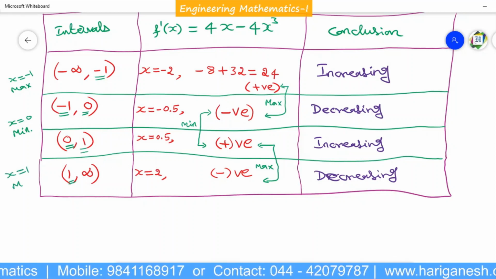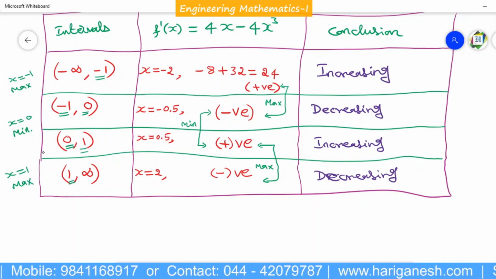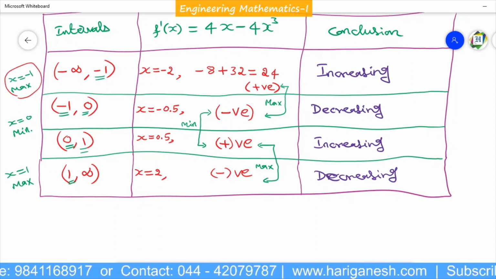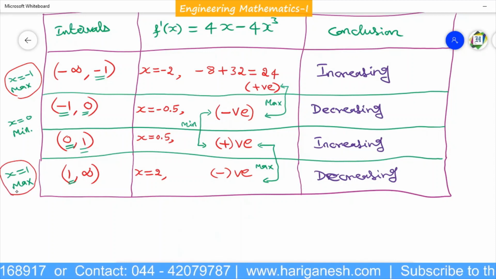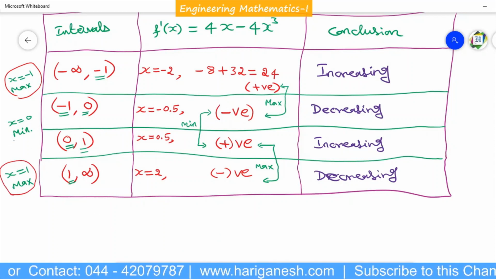So we are getting maximum at 2 points, one at minus 1 and another at plus 1. Maximum at minus 1 and plus 1, and minimum at x equal to 0.